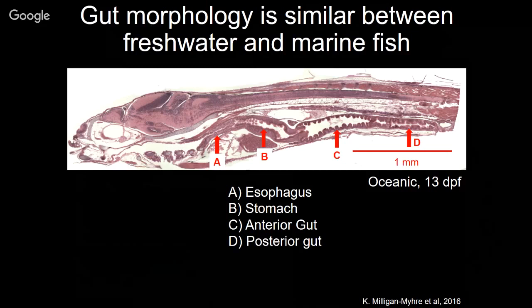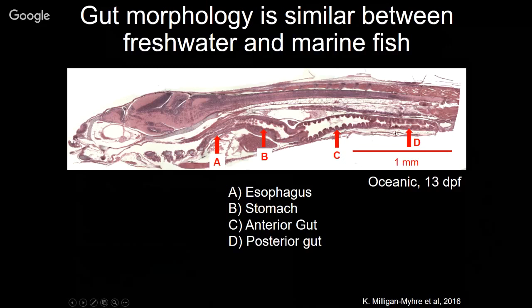And finally, the gut morphology is really similar between fish and humans. Other fish models don't have a true stomach, or their gut doesn't look as structurally similar to humans as stickleback. In stickleback, we have an actual esophagus and a stomach with gastric pits, so a lower pH that's similar to humans.